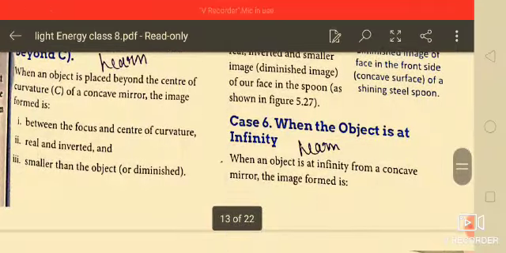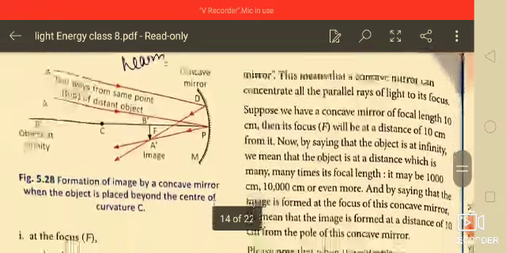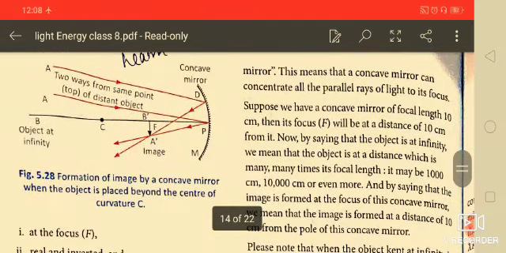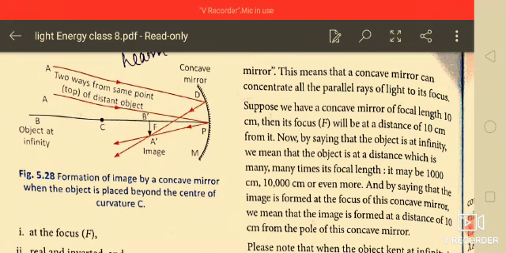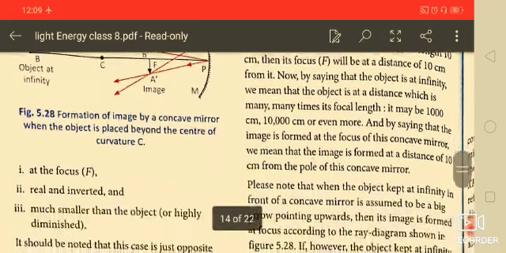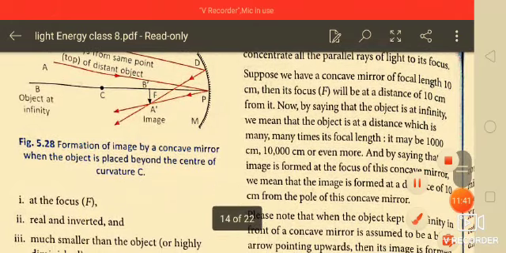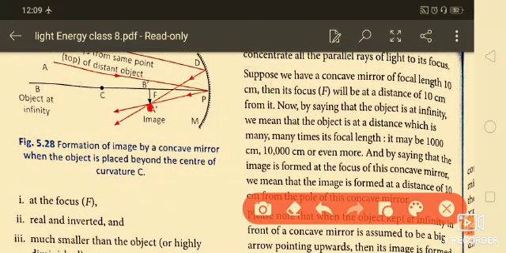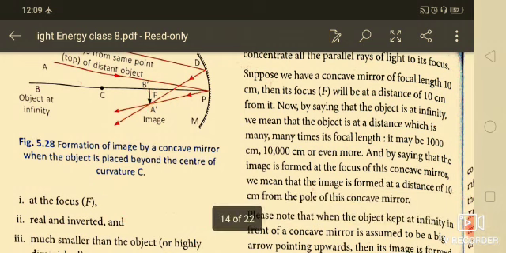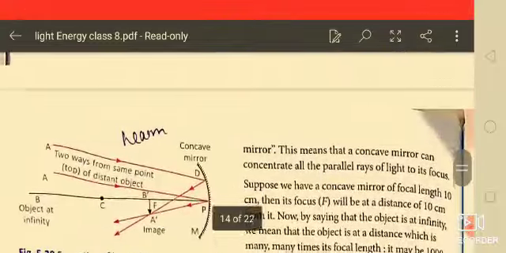Students, in case number 6, when the object is at infinity, you are seeing here, then the image is formed here. Here the concave mirror, when the object is placed beyond the center of curvature, the image is formed at the focus. You are seeing this one is the image, and it is real and inverted and much smaller than the object, that means highly diminished.